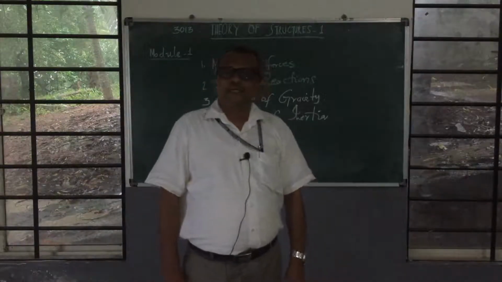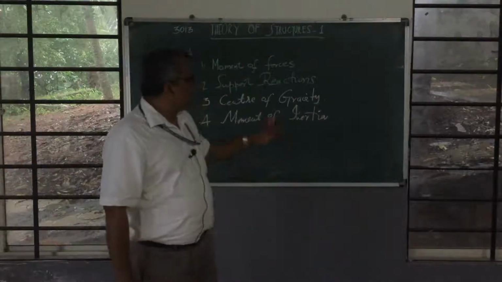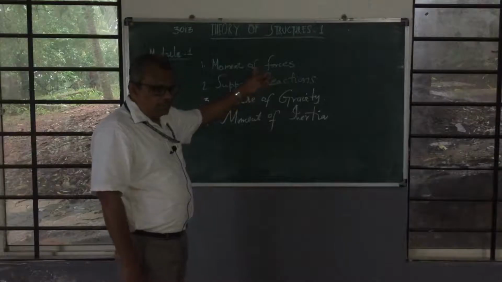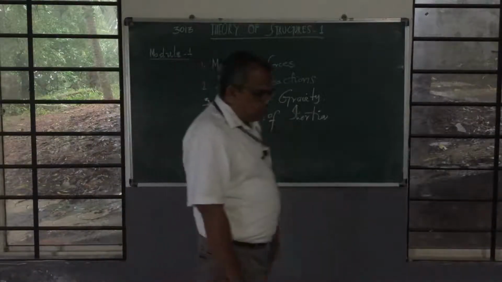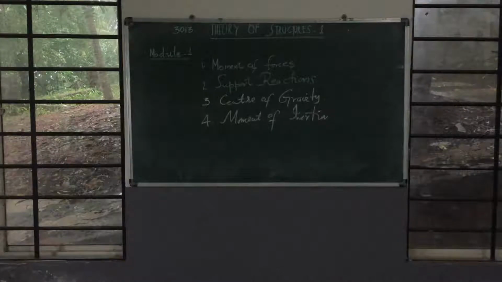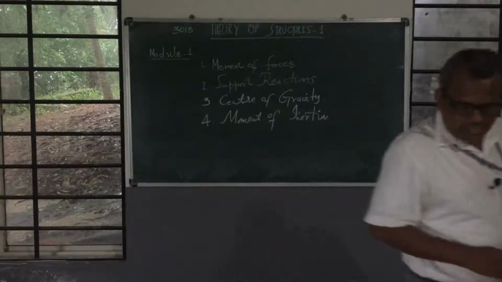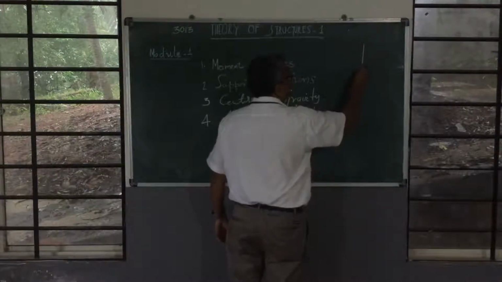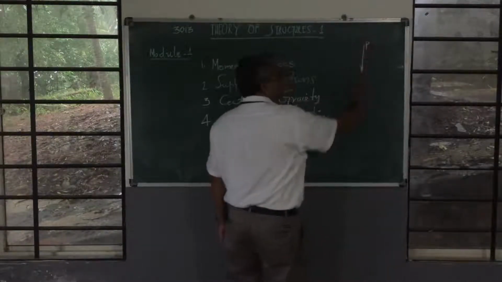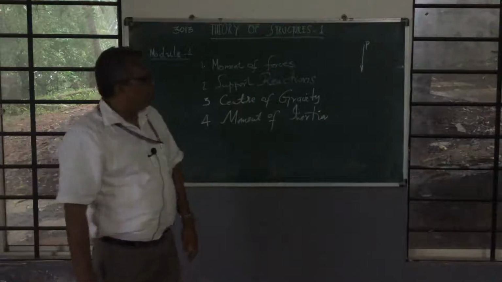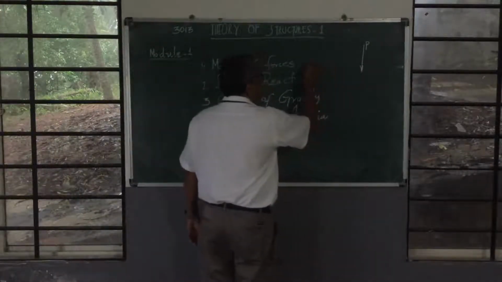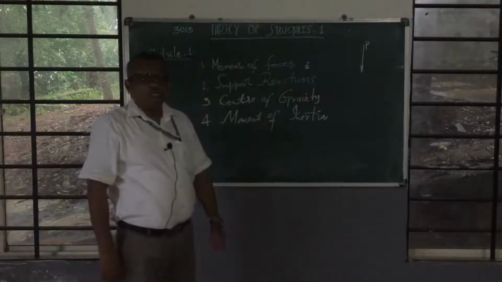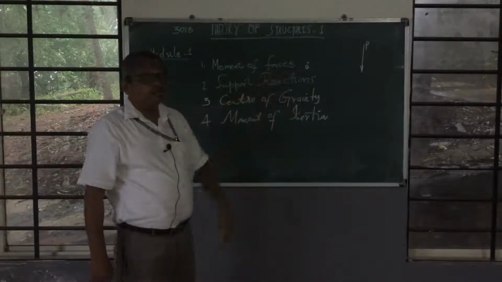Moment means the product of a force and distance, the force and the perpendicular distance. That means when a force is acting in any direction. Suppose a force P is acting vertically downwards. If you want to find the moment of this force about a point O, what is it?